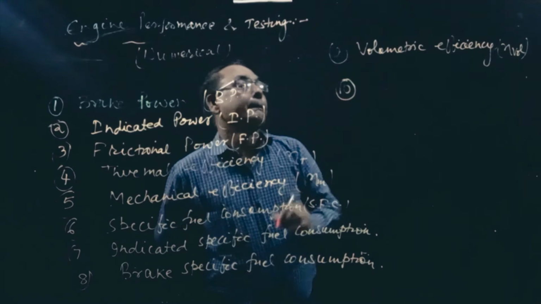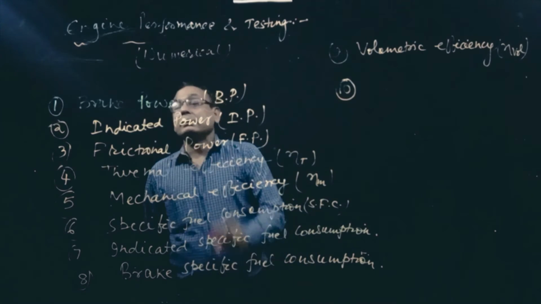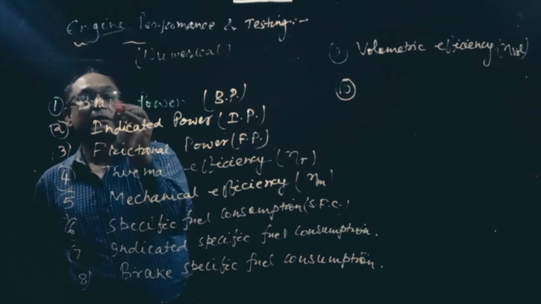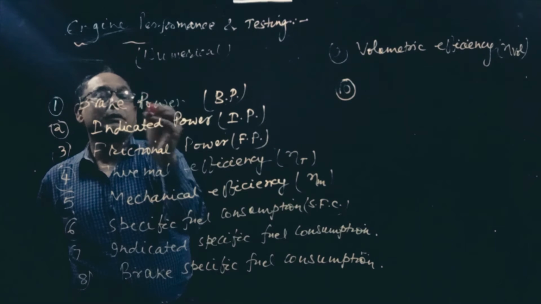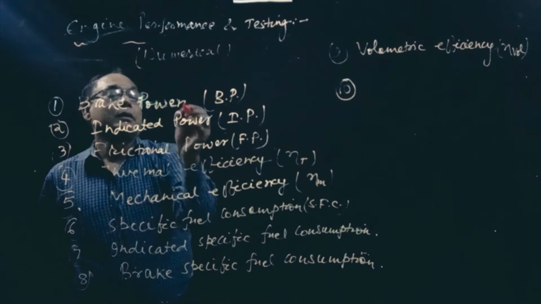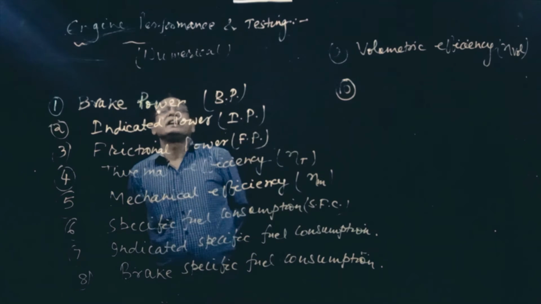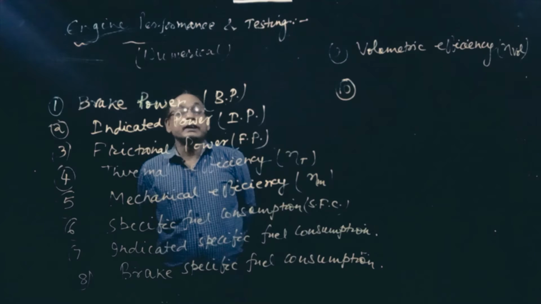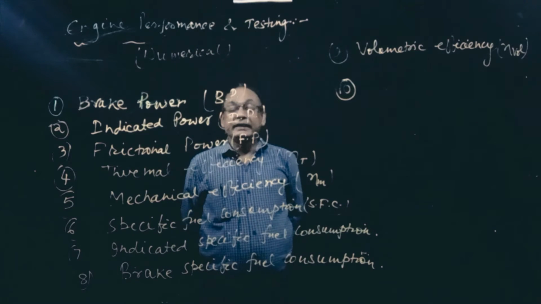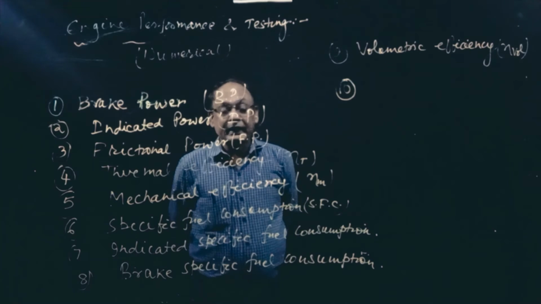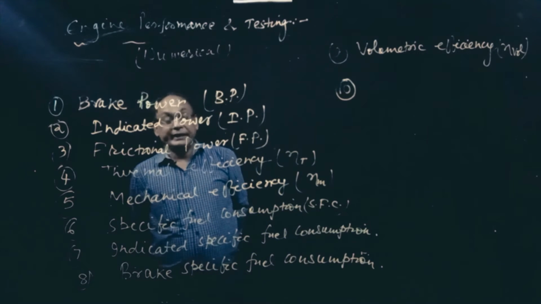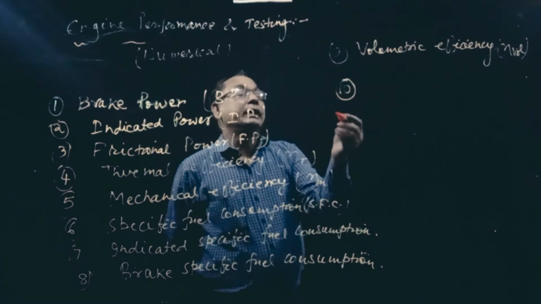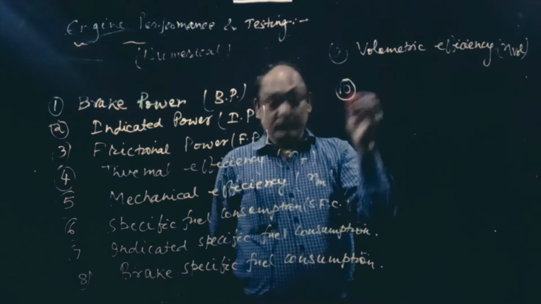Then see, brake power BP, indicated power IP, frictional power FP, thermal efficiency eta T, mechanical efficiency eta M, specific fuel consumption, indicated specific fuel consumption, brake specific fuel consumption. We have to find out actually this one.